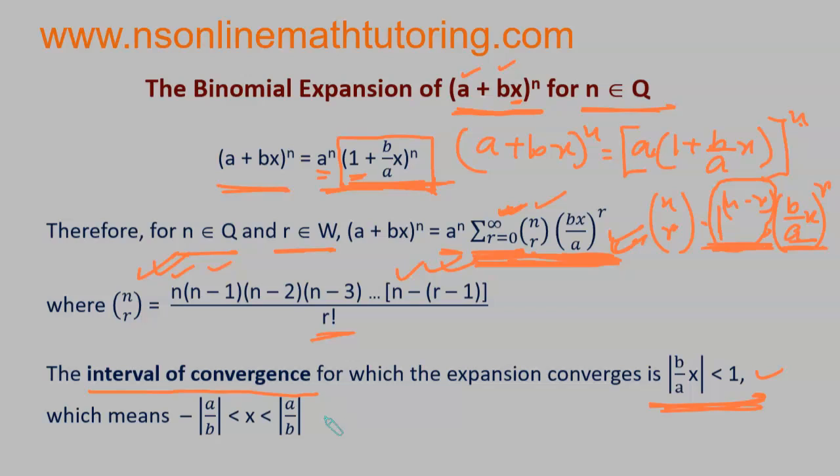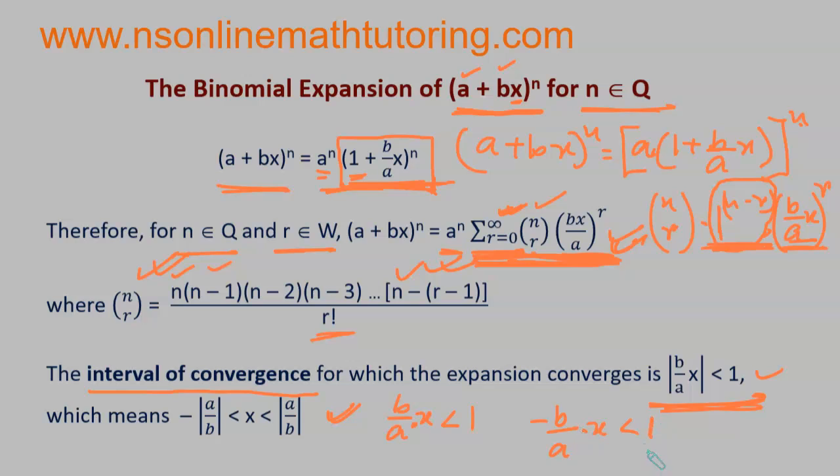Okay, which means this. How do we come to this? The absolute value of b over a times x is less than 1, which gives us this expression. Either b over a times x is a positive number, is less than 1, or if b over a times x is a negative number, then negative b over a times x will be less than 1. Because if b over a times x is a negative number, then negative of a negative number will be a positive number.